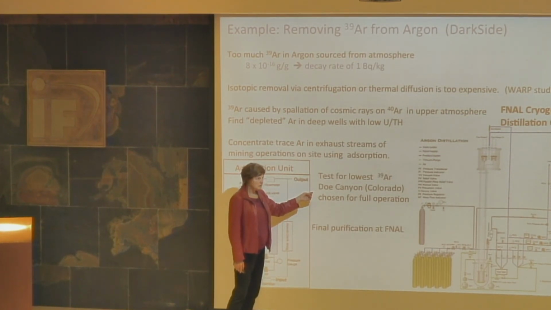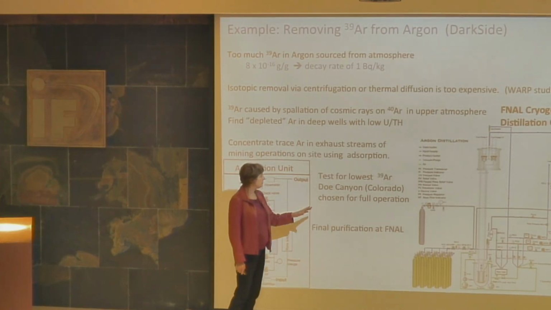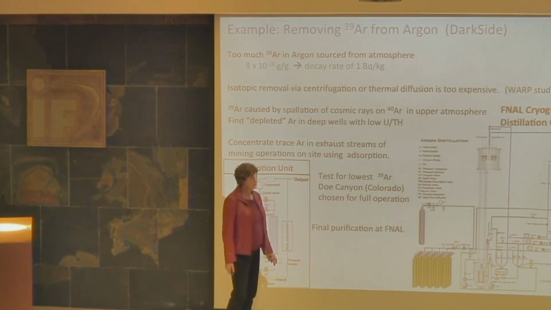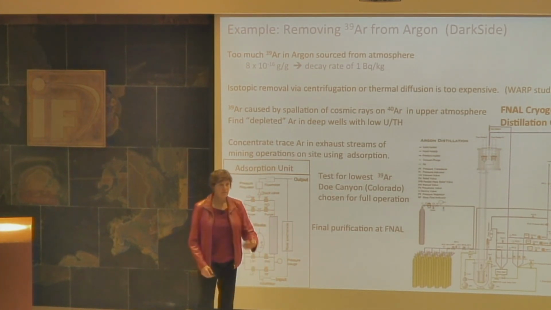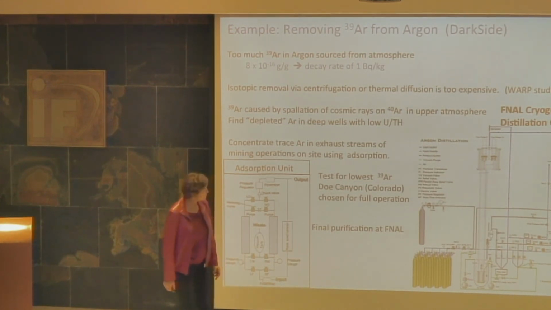So that's just a caveat. I think what you say is true, but it could be that only a few wells have argon depleted in argon-39 at the level that they need. And so you may have a limited throughput for the supply.